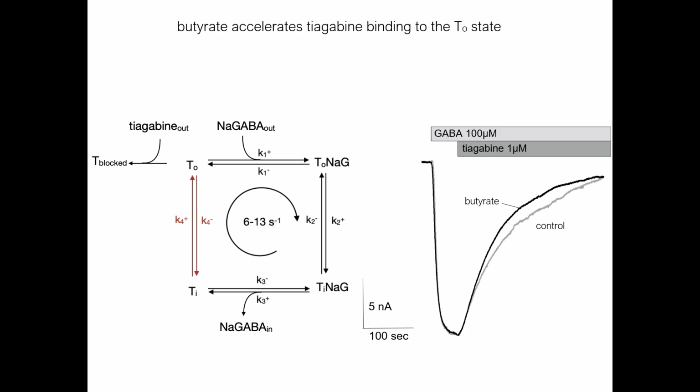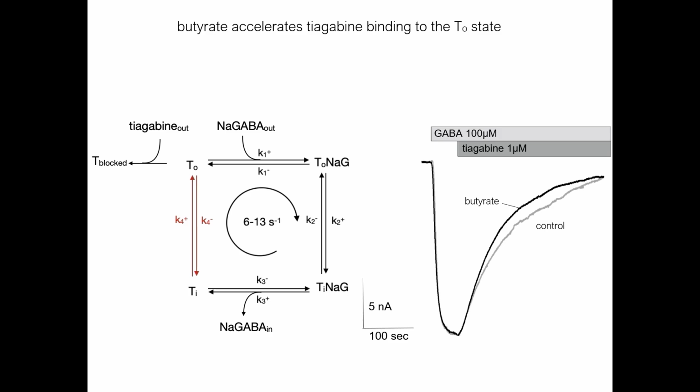Now, we think that butyrate, because it is preferentially binding to this TO form, is allowing the transporter to essentially work faster.